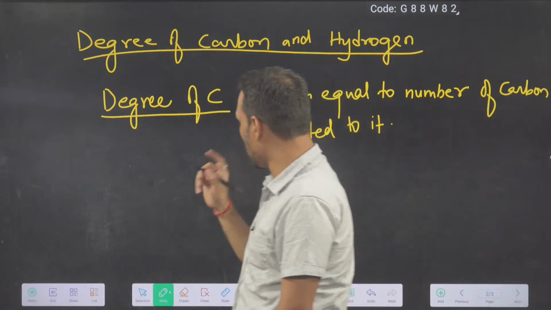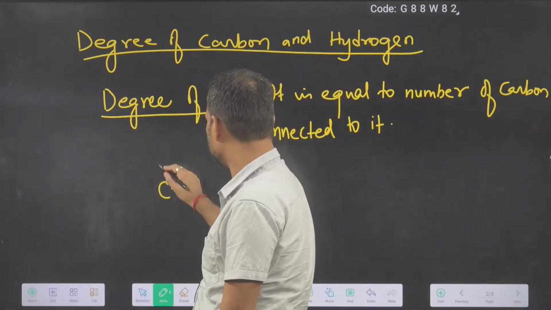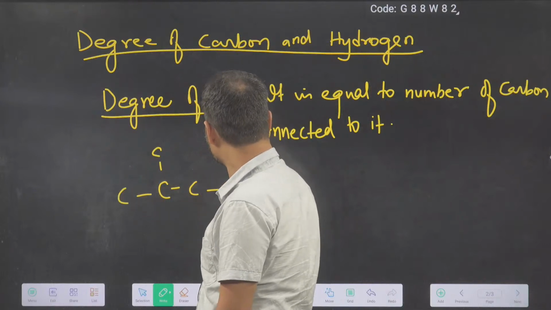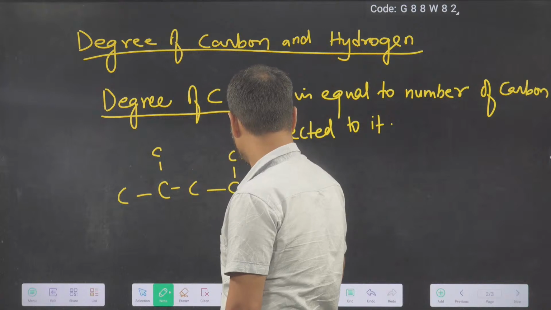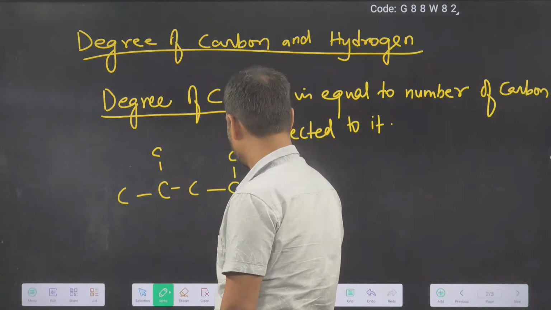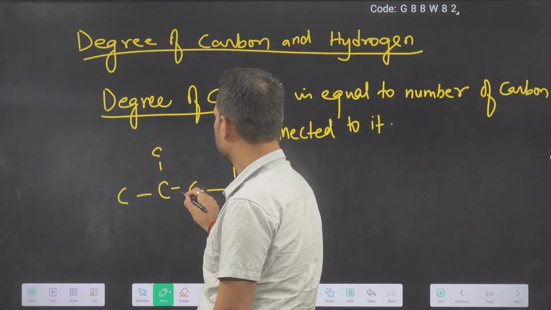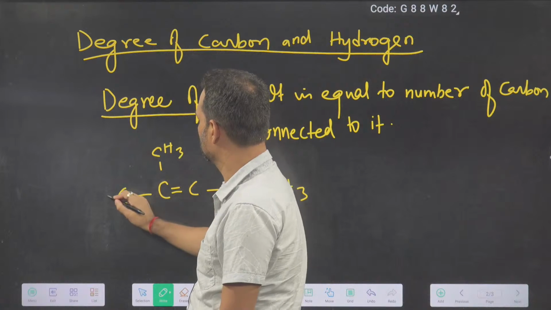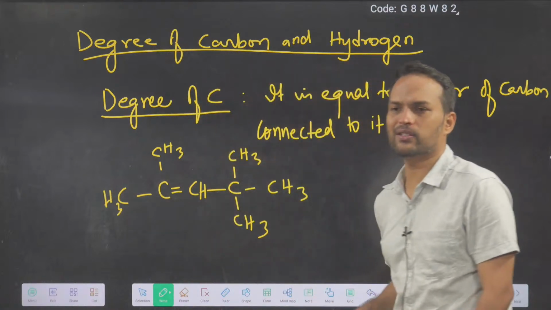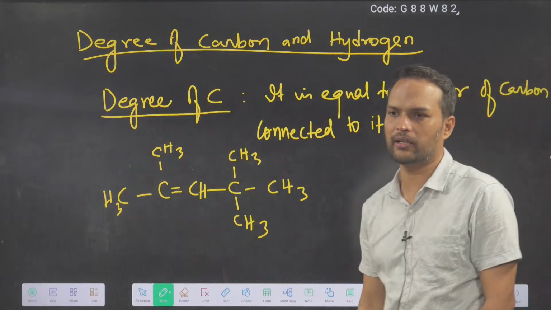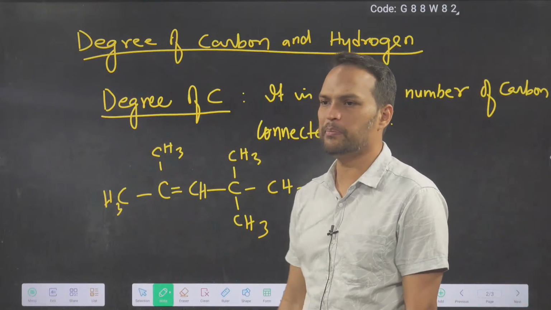Let's talk about this question. See, everyone's octet is complete, 4 bonds are there. Check it, am I missing any bond?